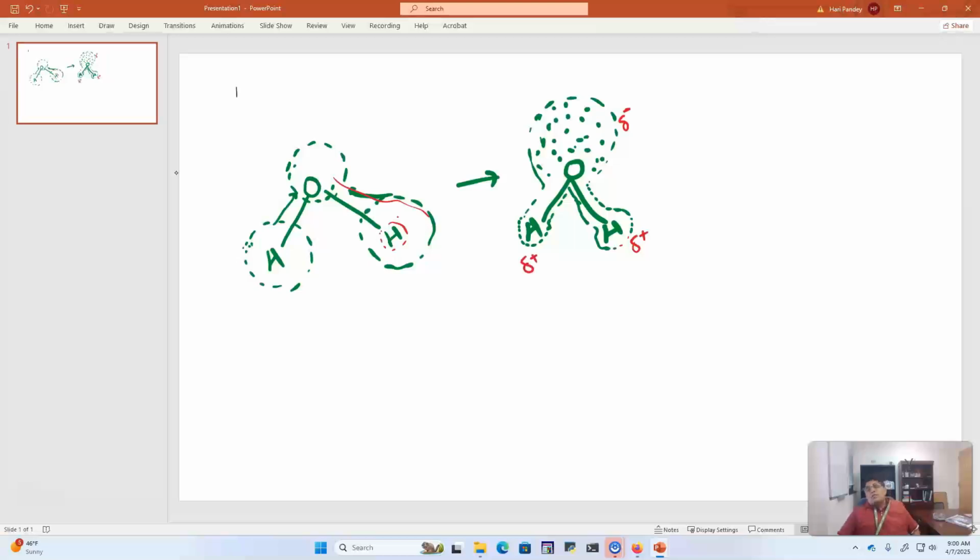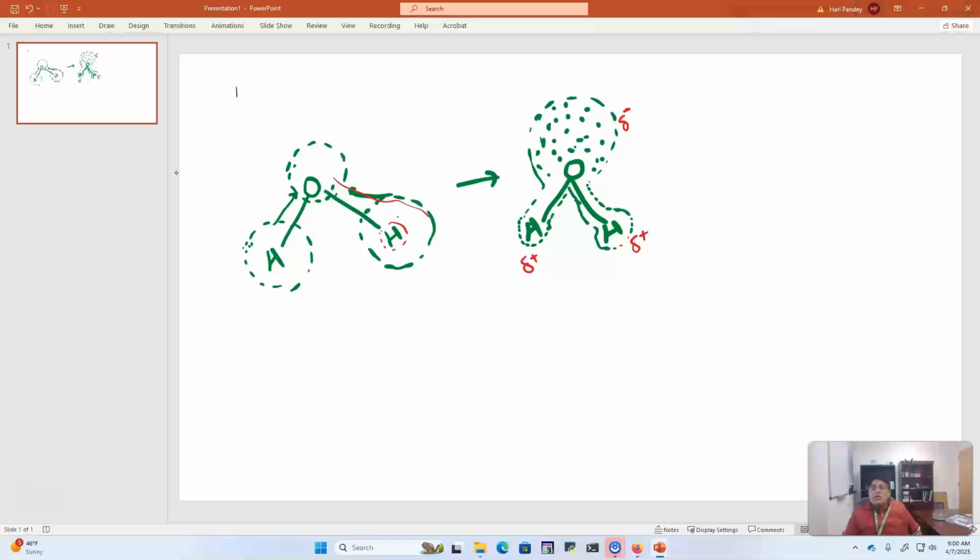This kind of scenario happens in certain polar molecules, not all molecules, where a more electronegative atom and a less electronegative atom are held together.